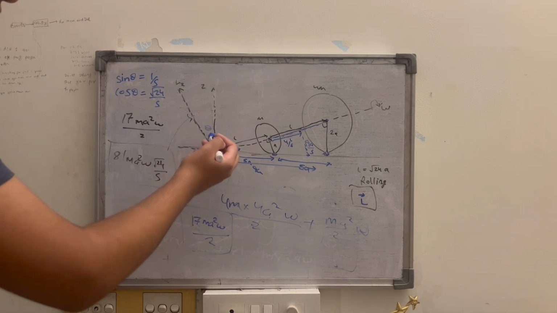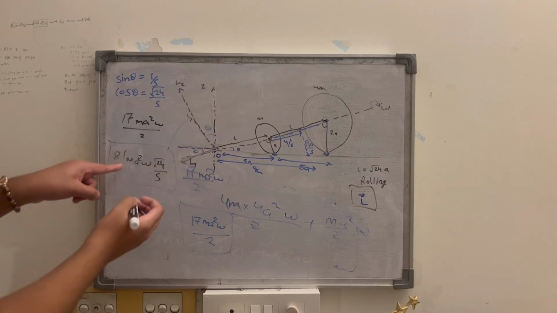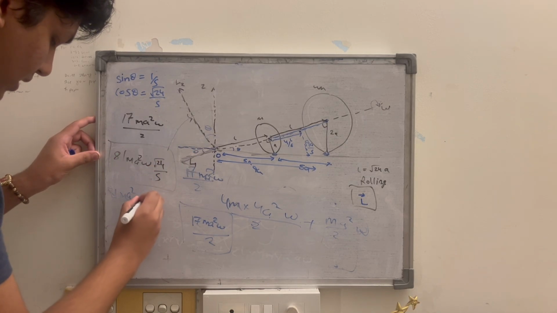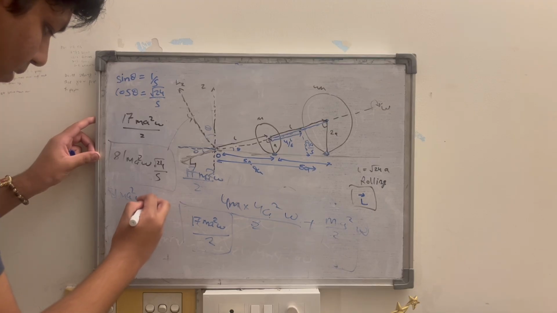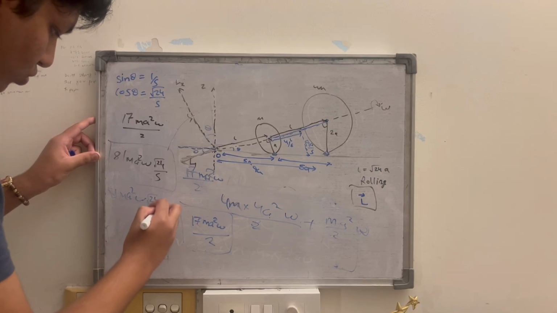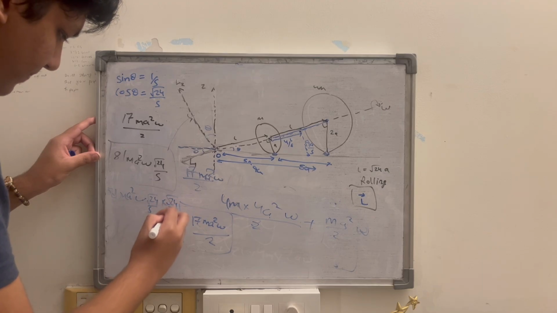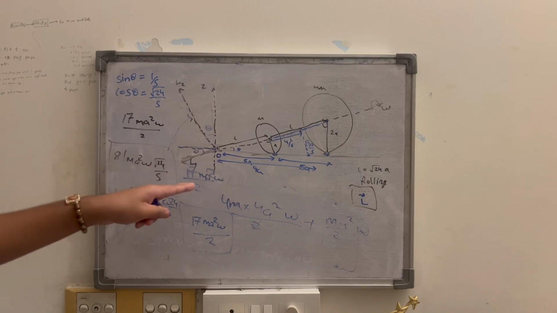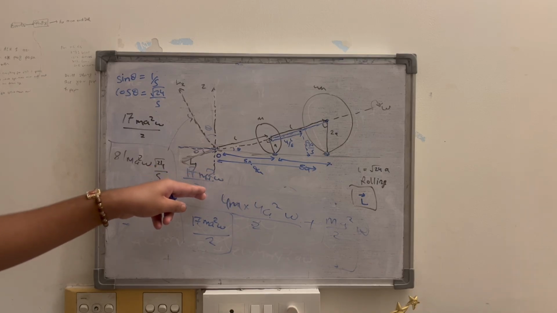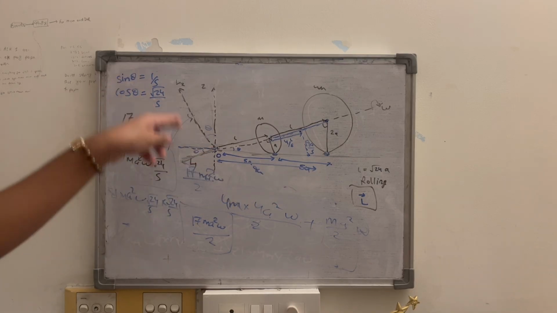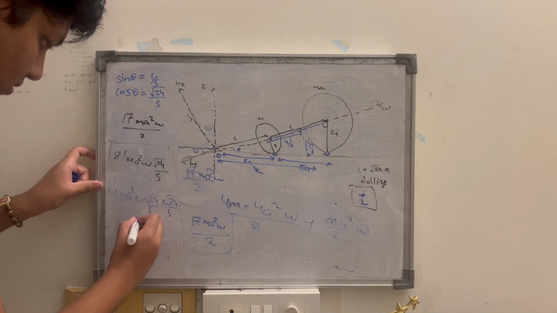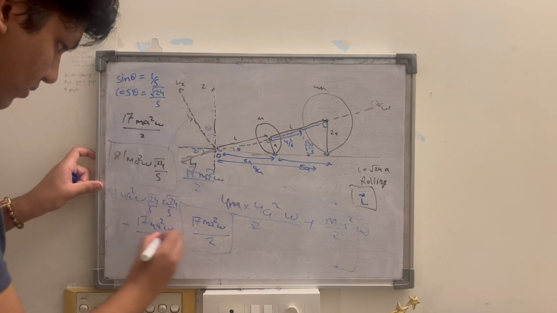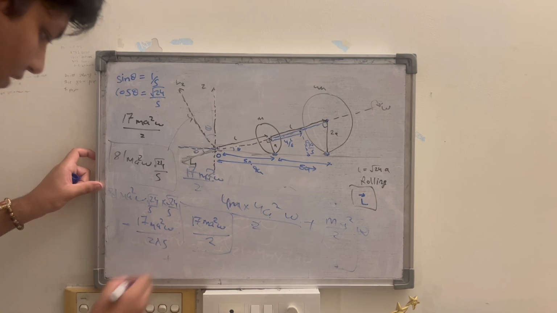So the cos component of this will be 81 ma square omega root 24 by 5 into root 24 by 5, minus the sine component of this. So L1 is 17 ma square omega by 2 into 1 by 5, that is sine theta. So minus 17 ma square omega by 2 into 1 by 5.